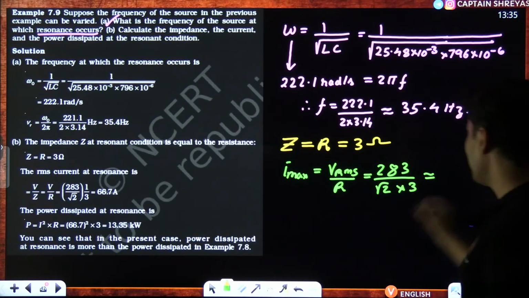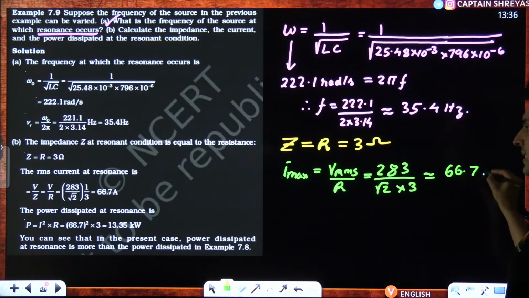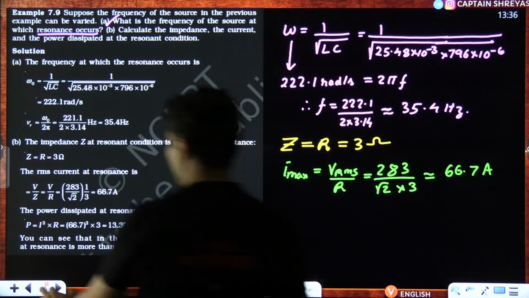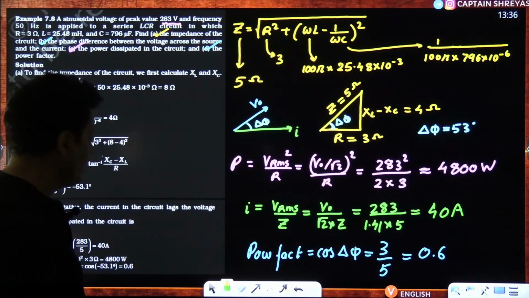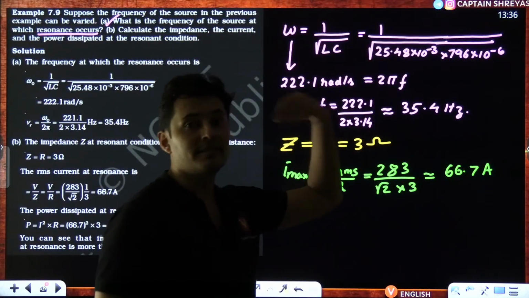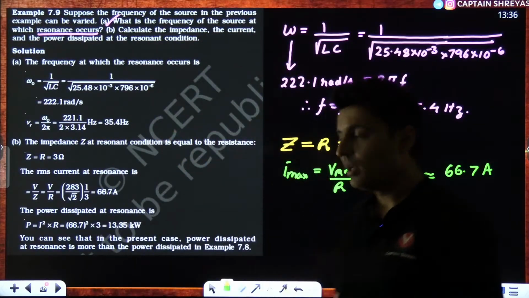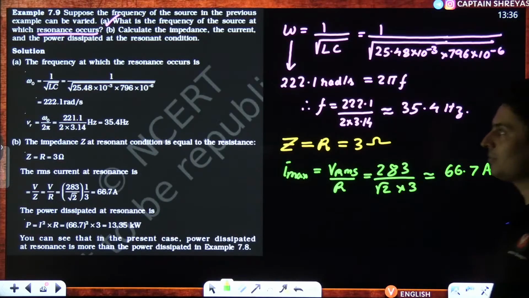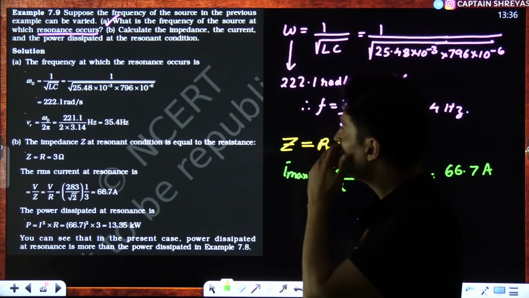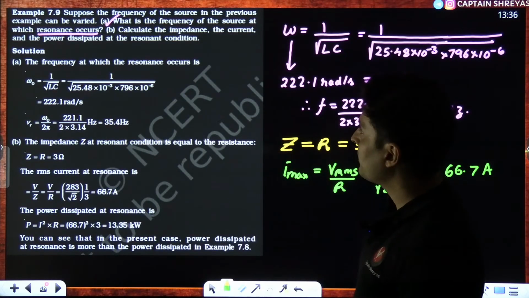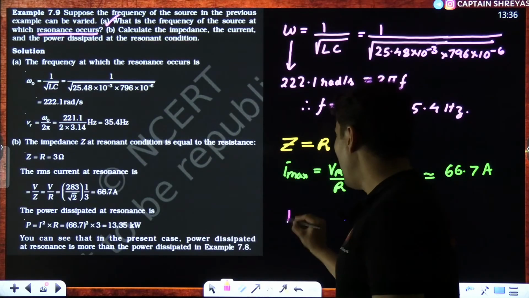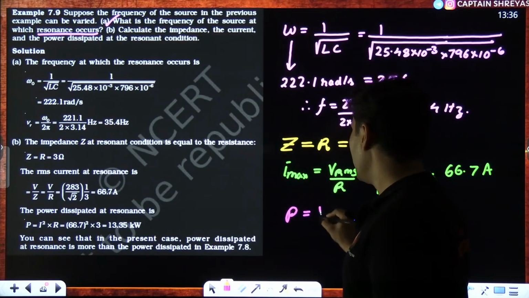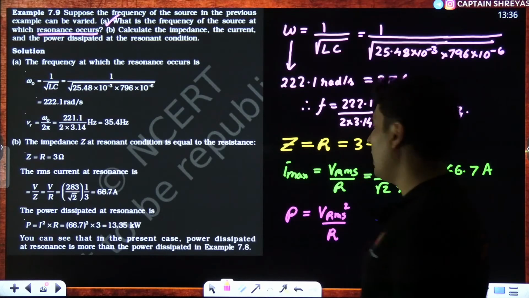So it comes out as 66.7 amperes. Compare it with the previous current. Earlier the current was 40 amperes. Now you can see it has increased. This is the maximum current you can get. You can't go beyond 66.7 in this example. What about the power in that circuit? So the power will be again just Vrms square divided by R alone.